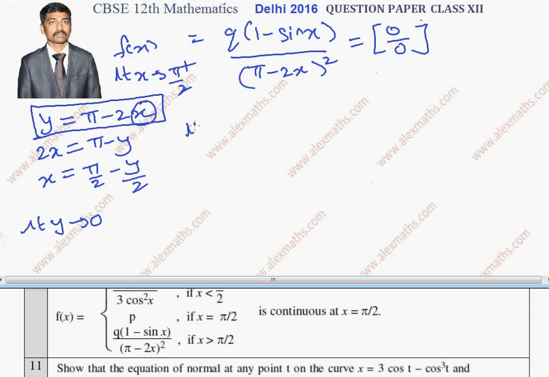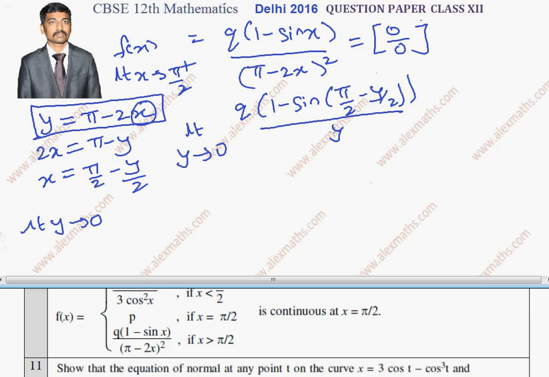So now limit y tending to 0, numerator is q into 1 minus sine of pi by 2 minus y by 2, then whole divided by y square. This numerator is 1 minus cos y by 2, so 1 minus cos y by 2 whole divided by y square.